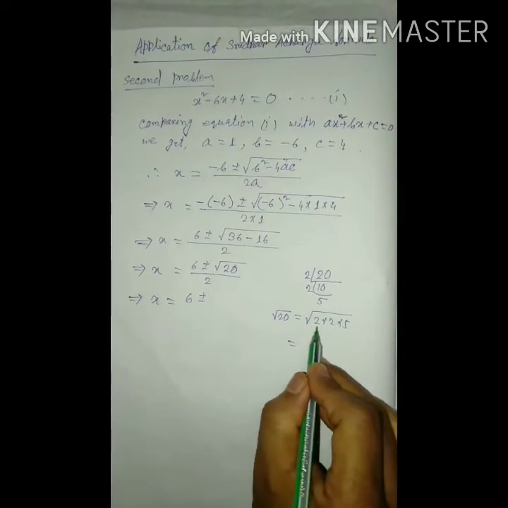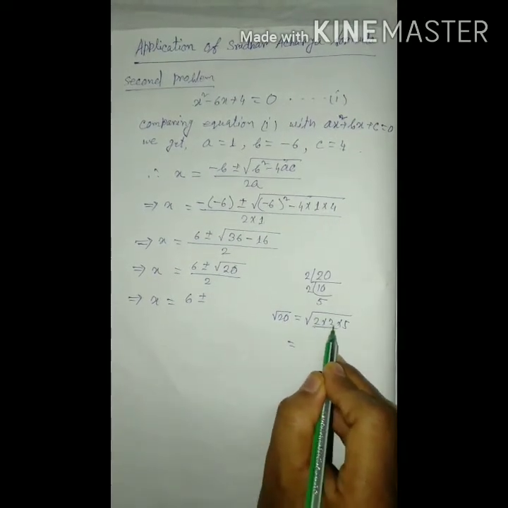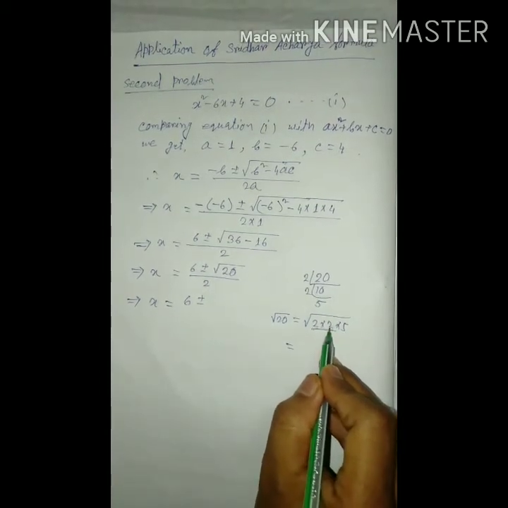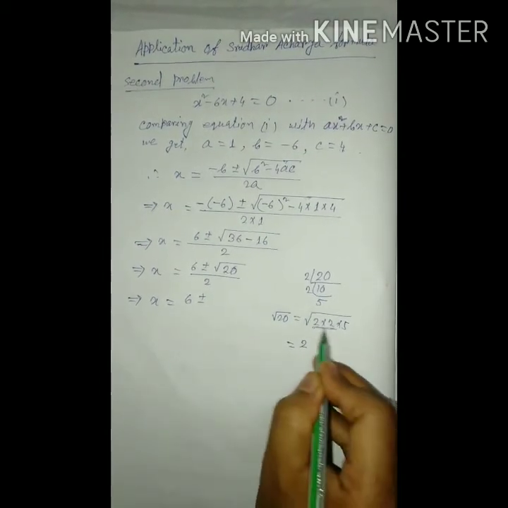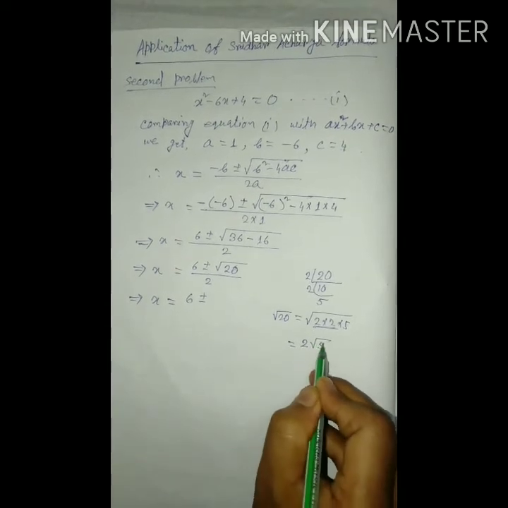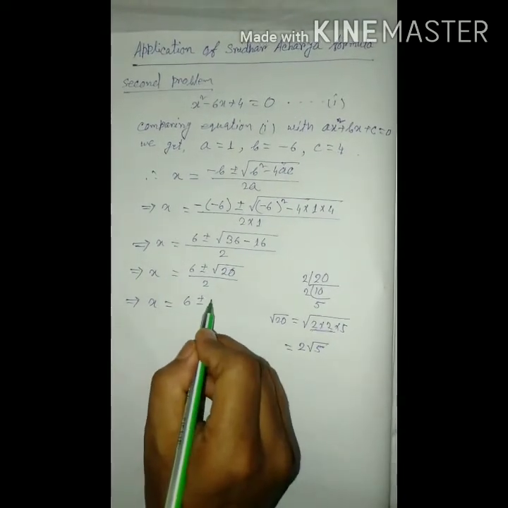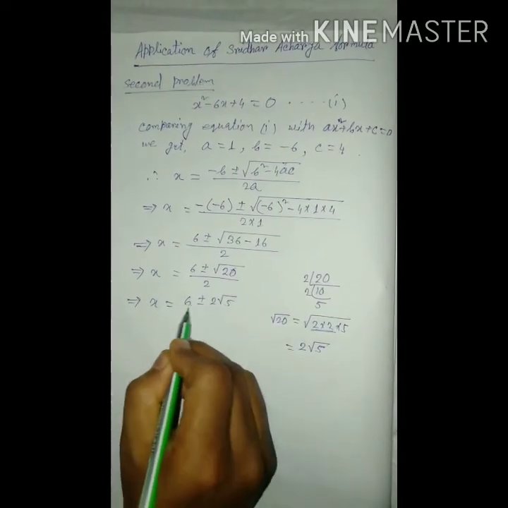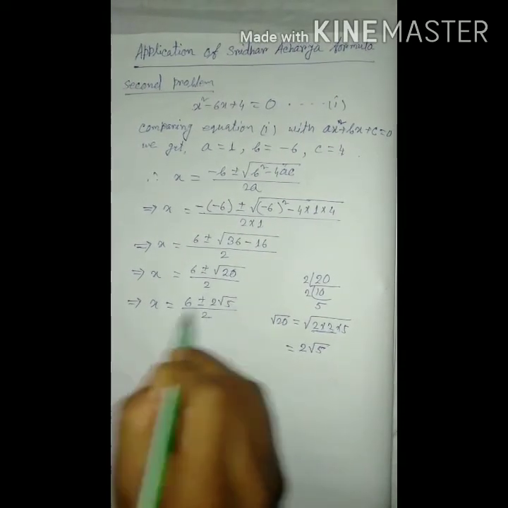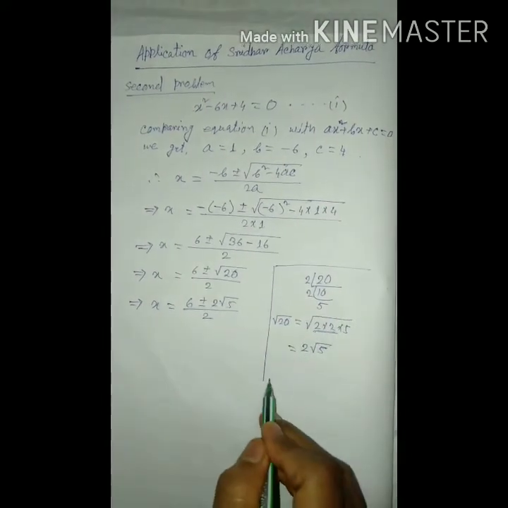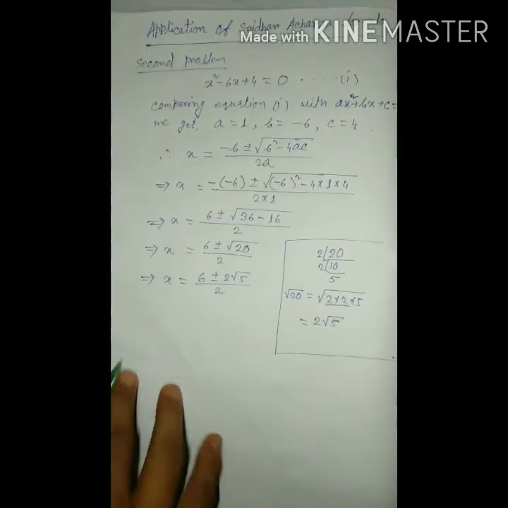Here 2 into 2, that is 2 twos come, so we can write 2 root 5. 2 root 5 by 2. This is rough working.